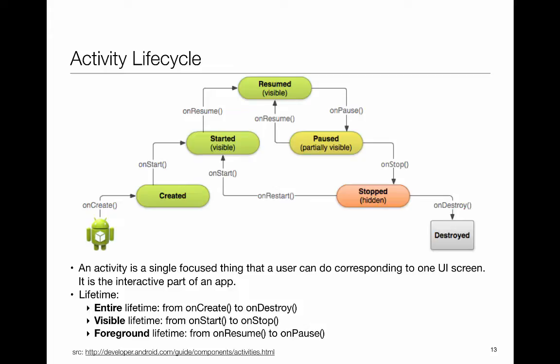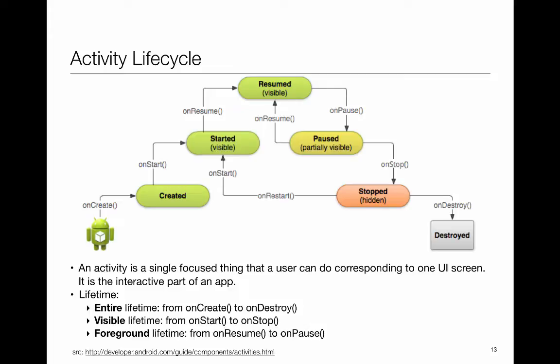So the lifetime of the activity is defined by multiple callbacks. The way you implement an activity in Android is that you extend the Android system activity, and then you can override all these callbacks, get notifications of these state changes, and decide what you need to do at each stage.